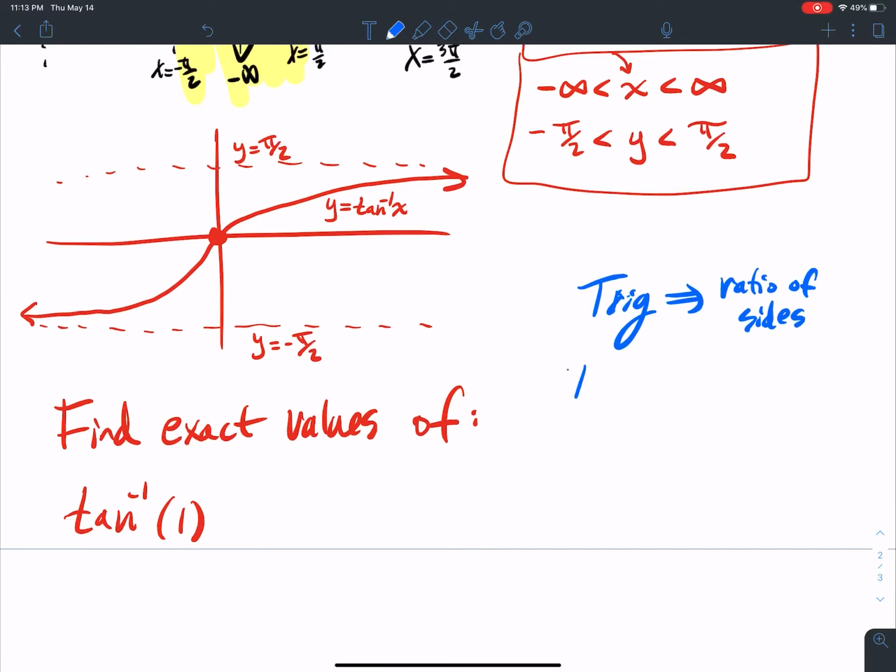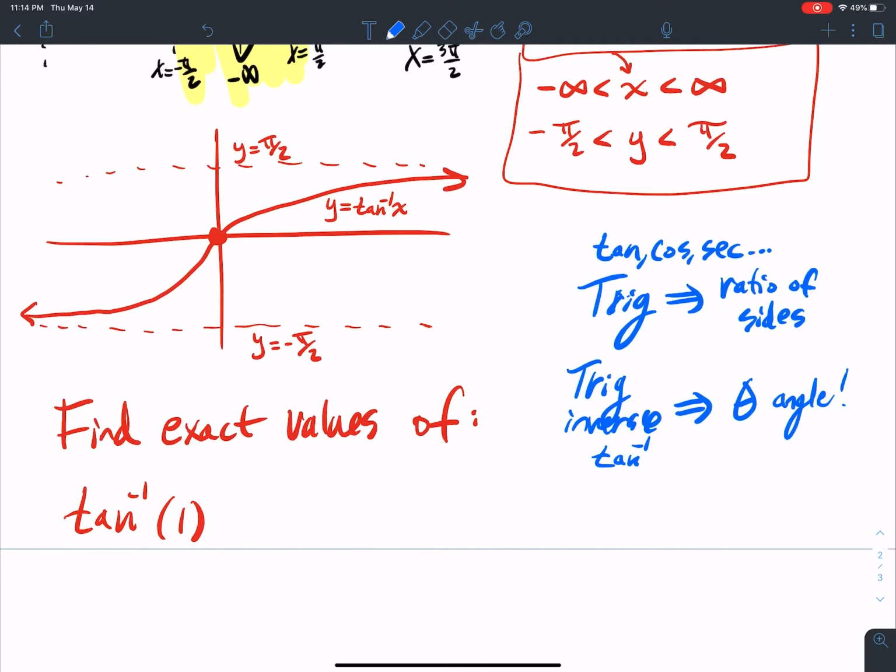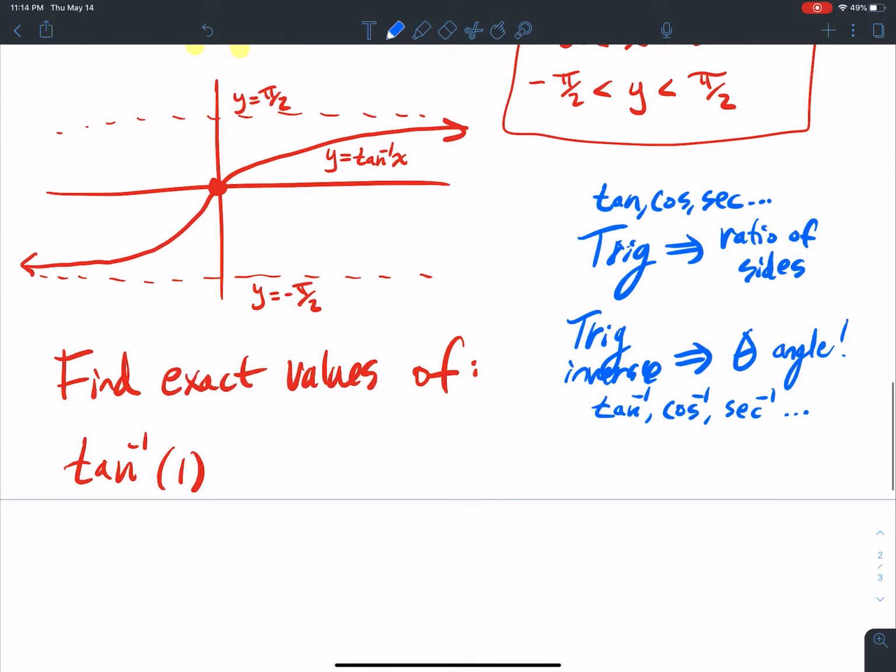Trig inverse tells you the angle. So trig inverse here tells me what the angle is. A trig function like tangent, cosine, secant, whatever, those are trig. And then tan inverse, cosine inverse, secant inverse, etc. Those are trig inverse. That's what I'm talking about there.